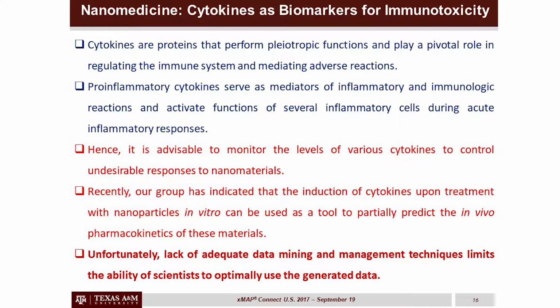Cytokines, as you all know, are proteins that perform pleiotropic functions and play an important role in regulating the immune system. In particular, the pro-inflammatory cytokines serve as mediators for inflammatory and immunological reactions. So if we can monitor the expression of these cytokines together with other biomarkers, we may be able to control the undesirable effect from the tested materials.